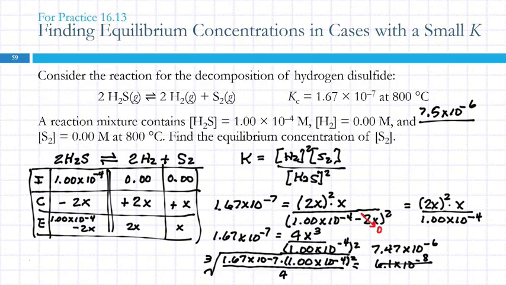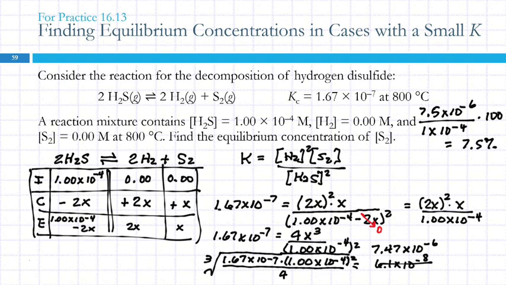We're going to divide it by the number we were subtracting it from, 1 times 10 to the minus 4, and then multiply by 100 to see what percent we get. 7.5%. Is that okay?